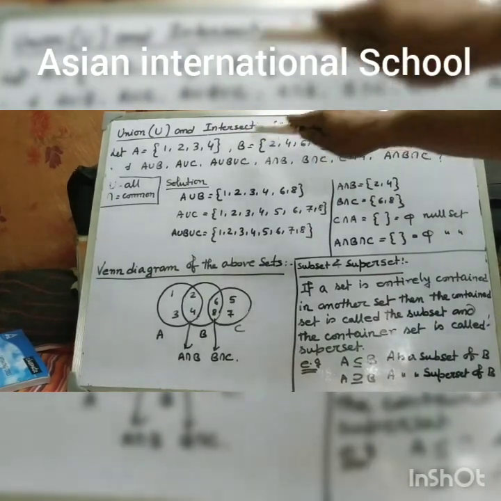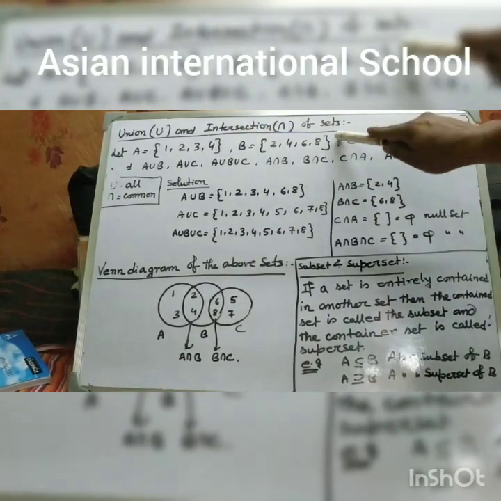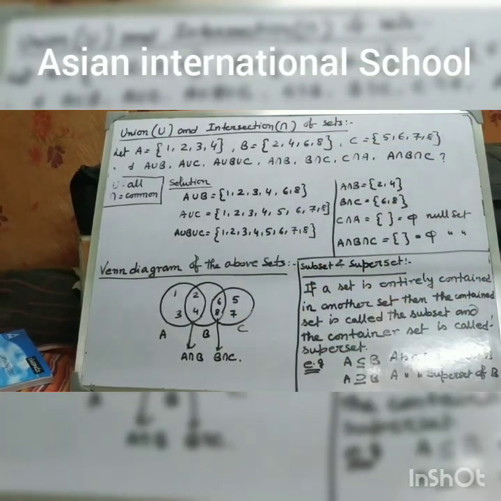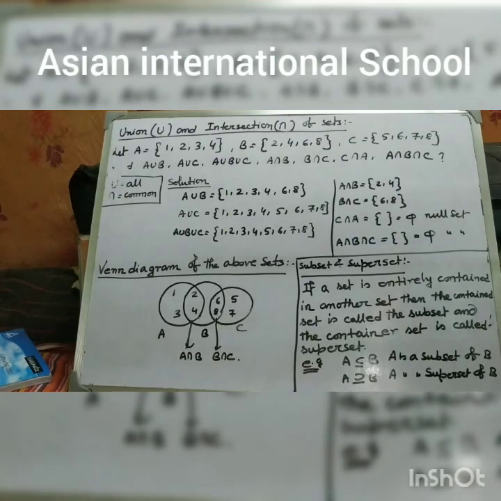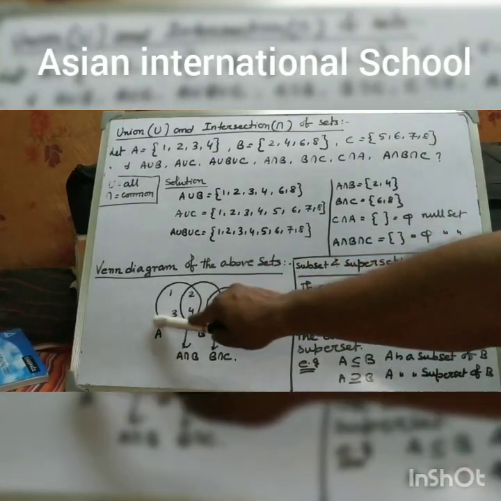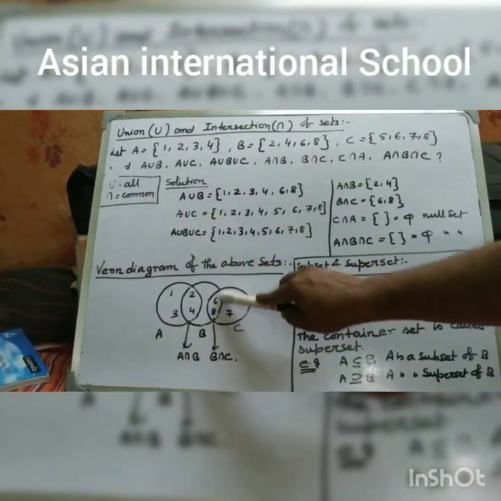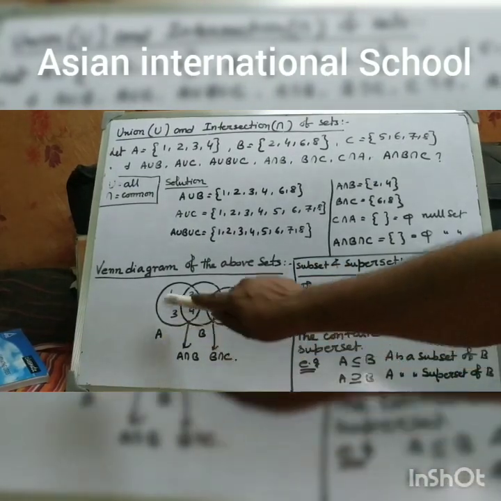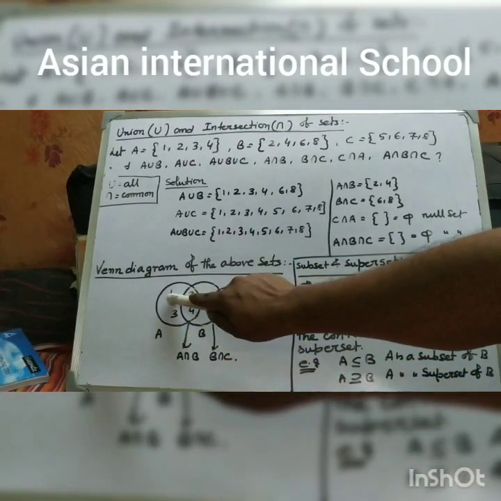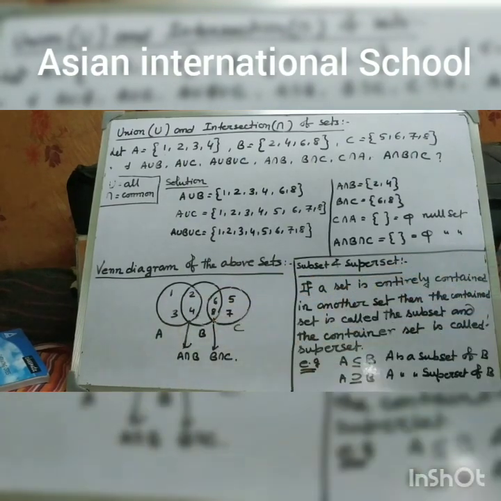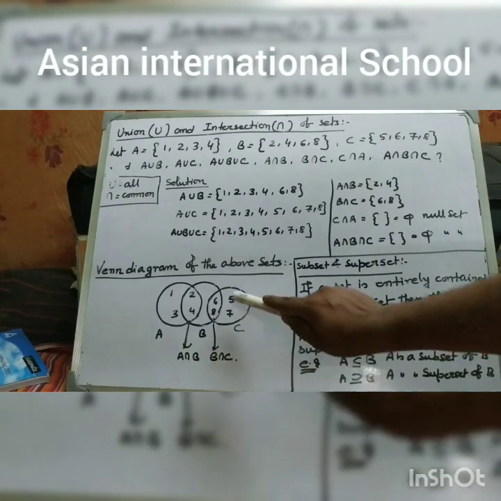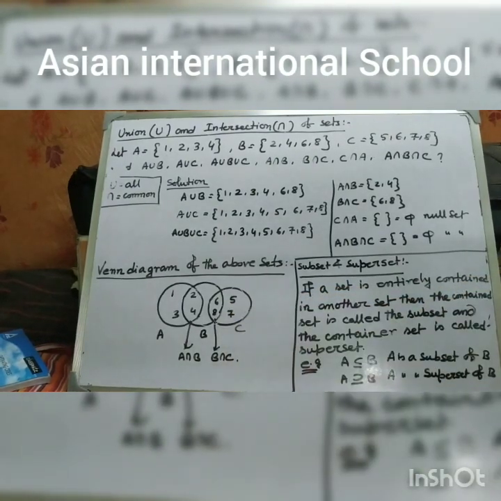So this union and intersection you can represent by a Venn diagram. What is a Venn diagram? Here you have to draw the sets. Suppose A is a set, B is a set and C is a set. A consists of 1, 2, 3, 4, B consists of 2, 4, 6, 8 and C consists of 5, 6, 7, 8.